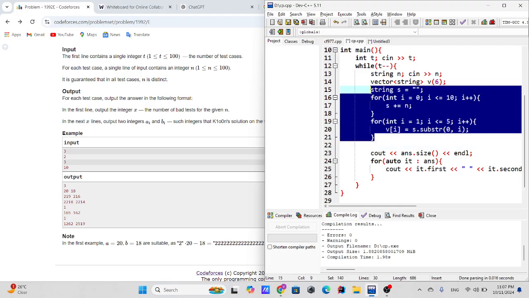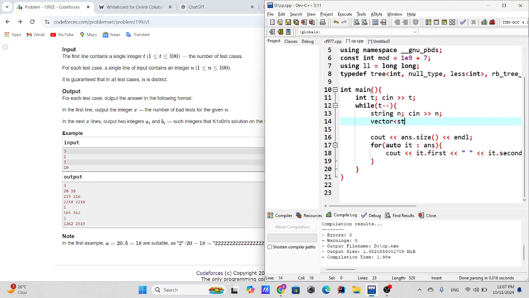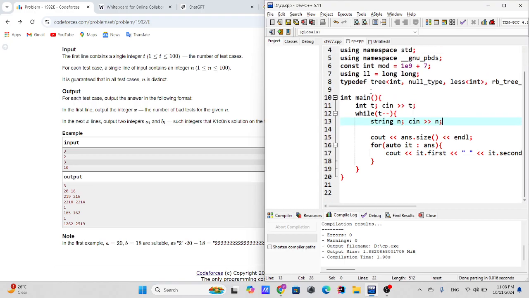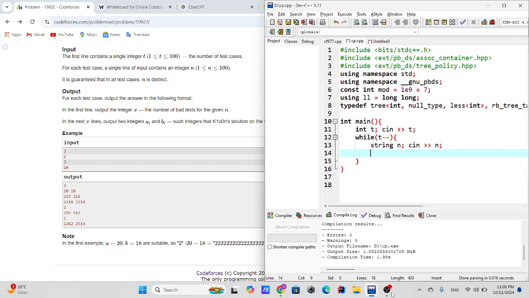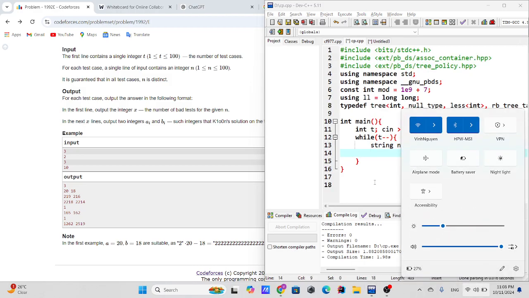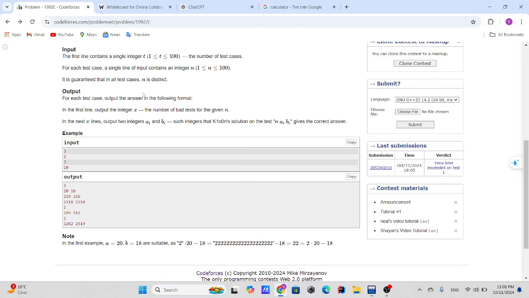Let's think about another way to do this.